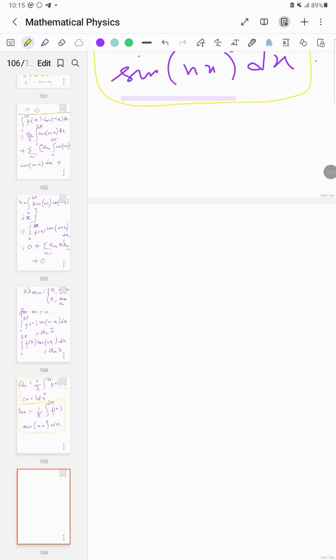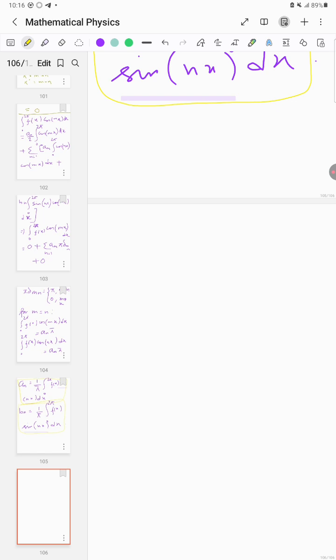Now let us discuss some of the cases. What are the cases? Cases in the sense, what if we change the interval? We have till now calculated for the interval 0 to 2 pi, right? So the overall interval is 2 pi, with the upper limit being 2 pi, lower limit being 0.